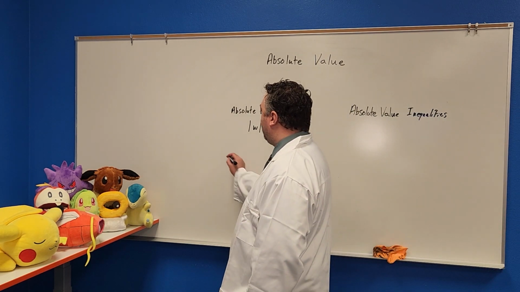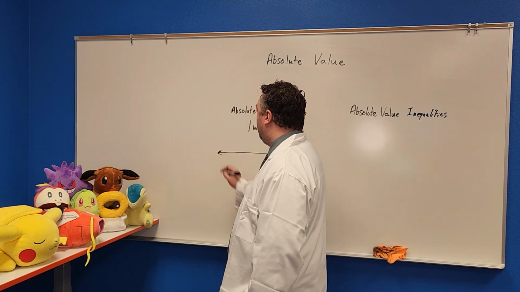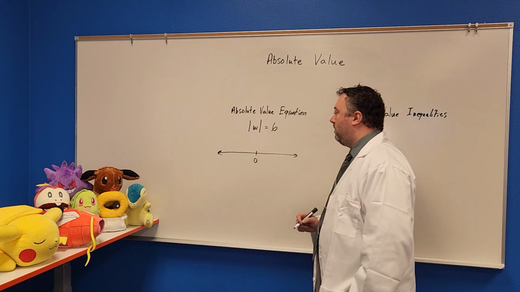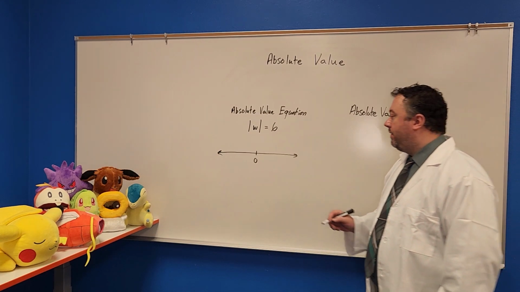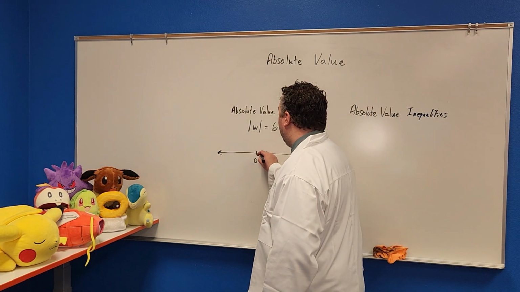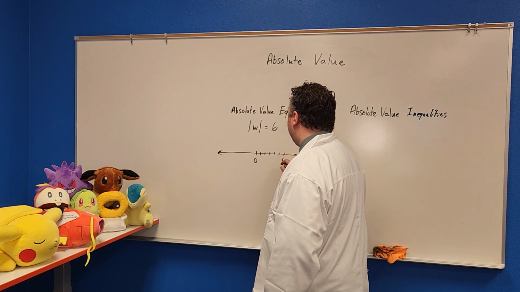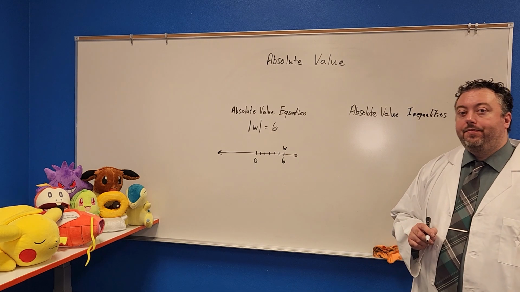So let's take a look at our number line. Here's 0. Now I need to go 6 units away from 0. 1, 2, 3, 4, 5, 6. And this is the location of W.